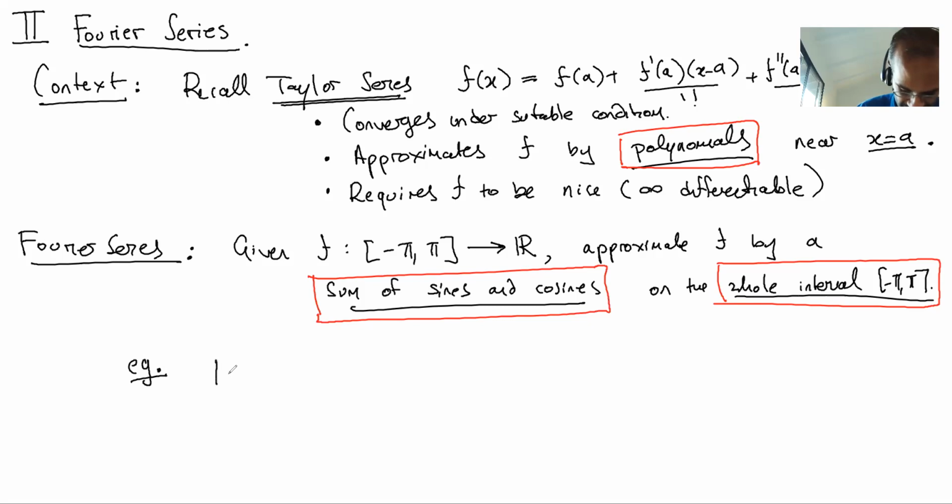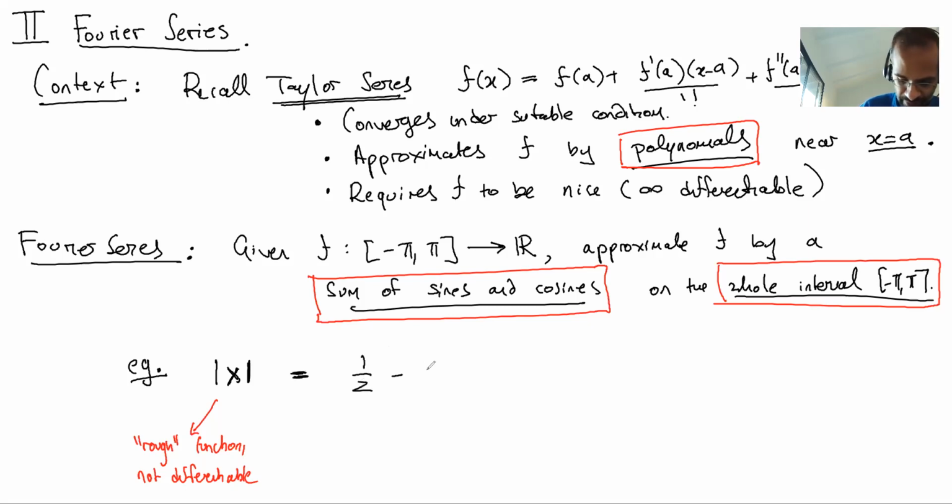Here's one example. The function is the absolute value of x. First of all, this is not even differentiable, right? This is a rough function. Nonetheless, it has an expansion on this interval minus pi to pi, which is the following.